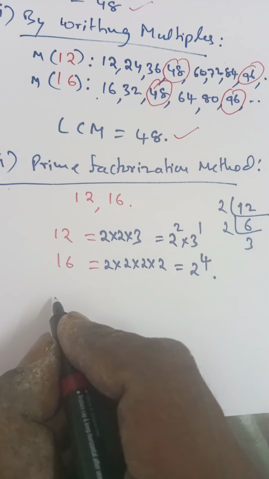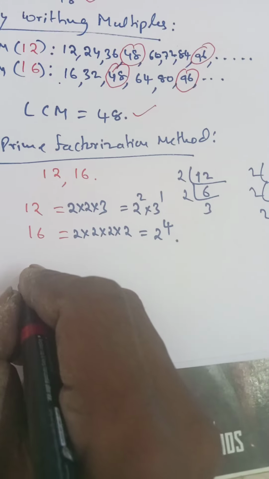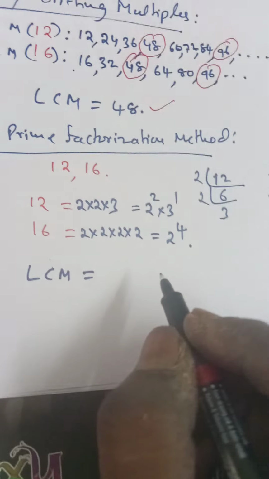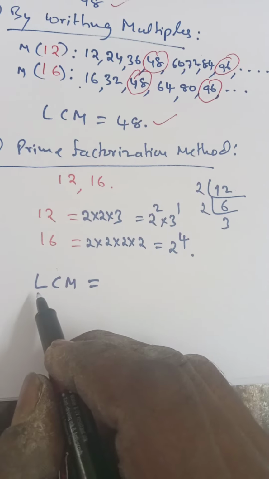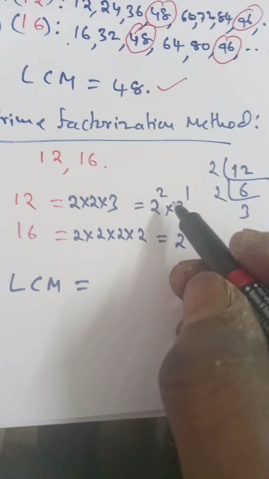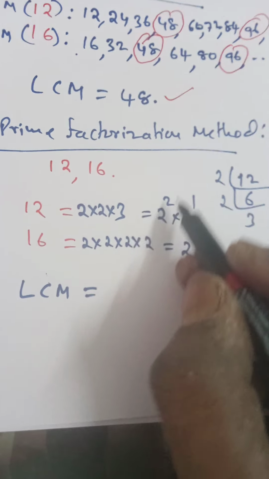So now I want to write here the LCM, the least common multiple. In case of HCF, we need to identify the common factor whose power is the less.